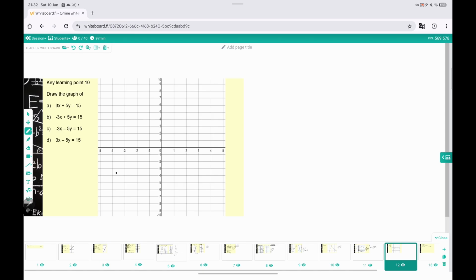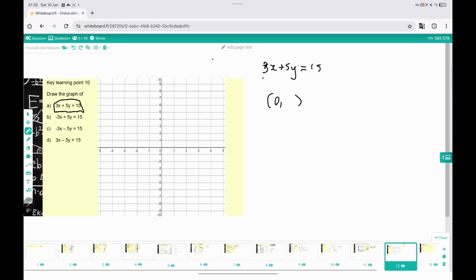Right, we sometimes have to draw graphs where they're not written in nice y equals mx plus c format. There is actually an option you can rearrange, but that's not the easiest way to do things. The easiest way is to pick a coordinate where x is 0. When x is 0, then 3x plus 5y equals 15.